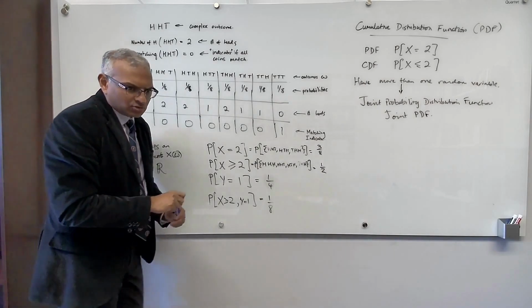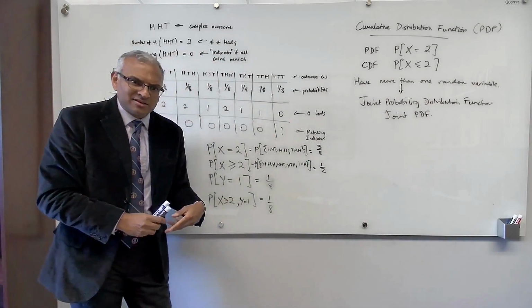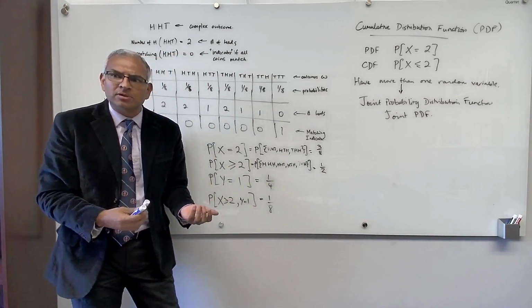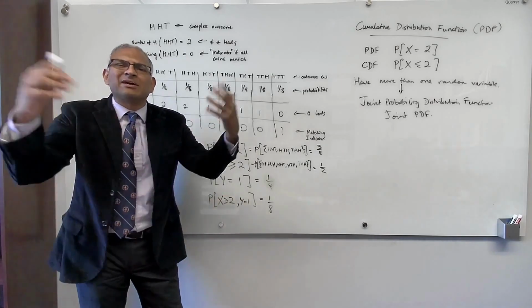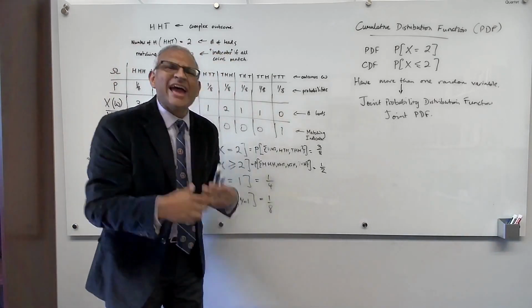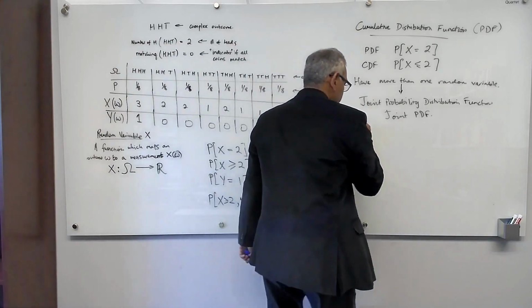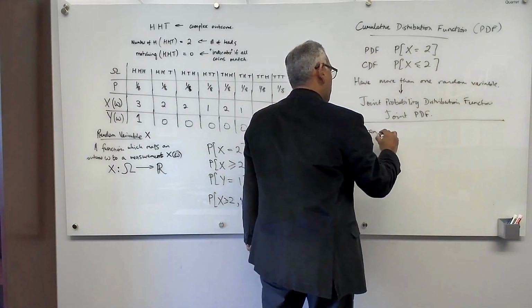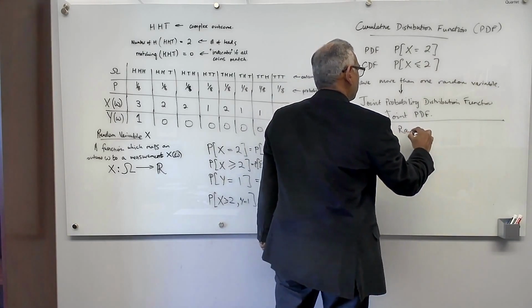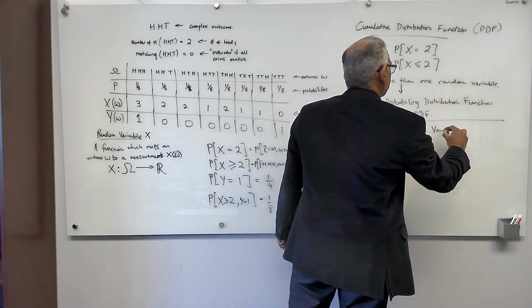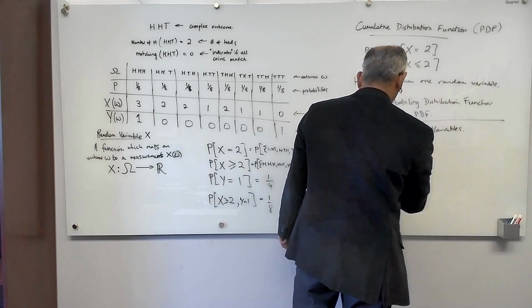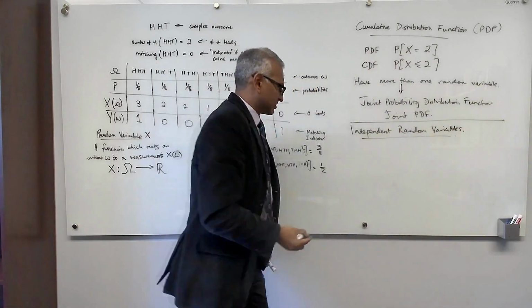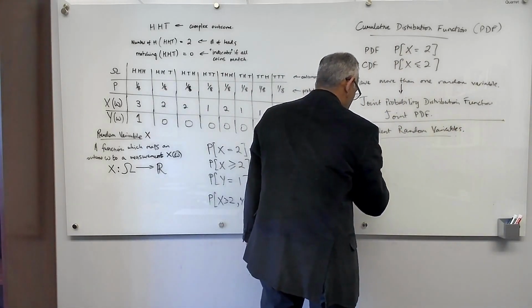Okay. What I would like to talk about is what about when you have random variables from different outcomes that are completely independent. So let me give you an example. Independent random variables. So let's say you toss 5 coins.